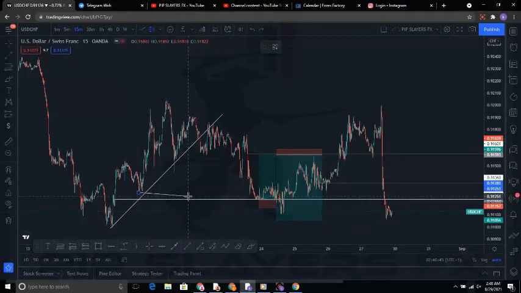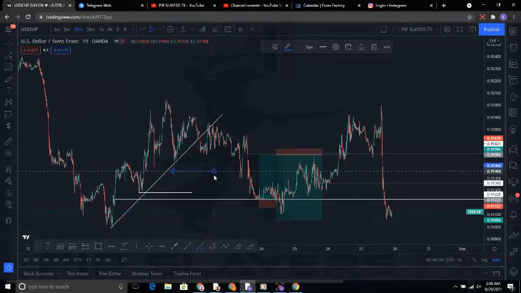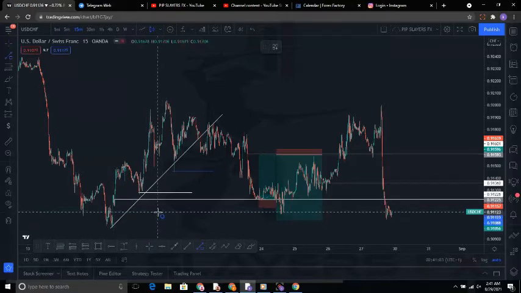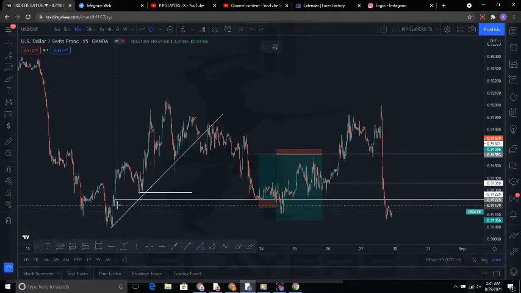So basically, we could see levels, so many levels. But which one would stand?